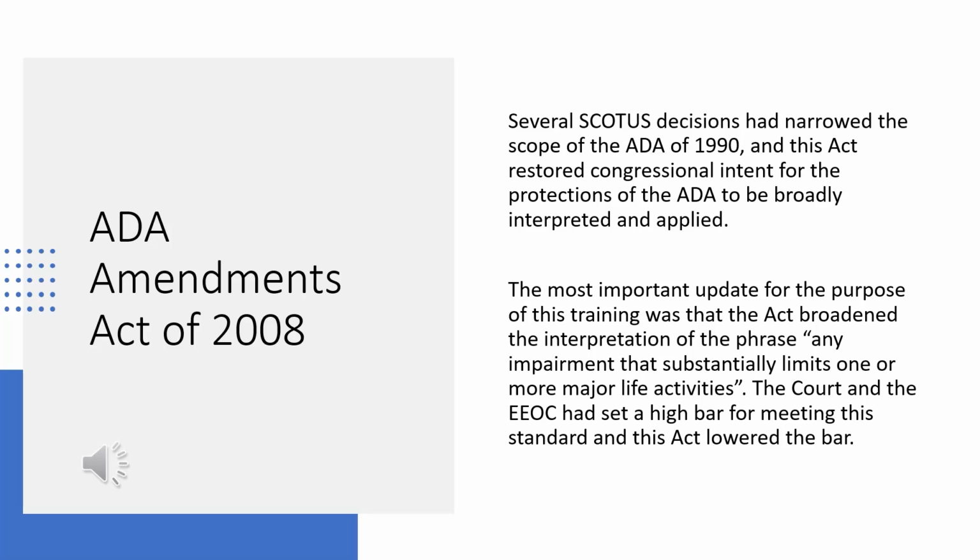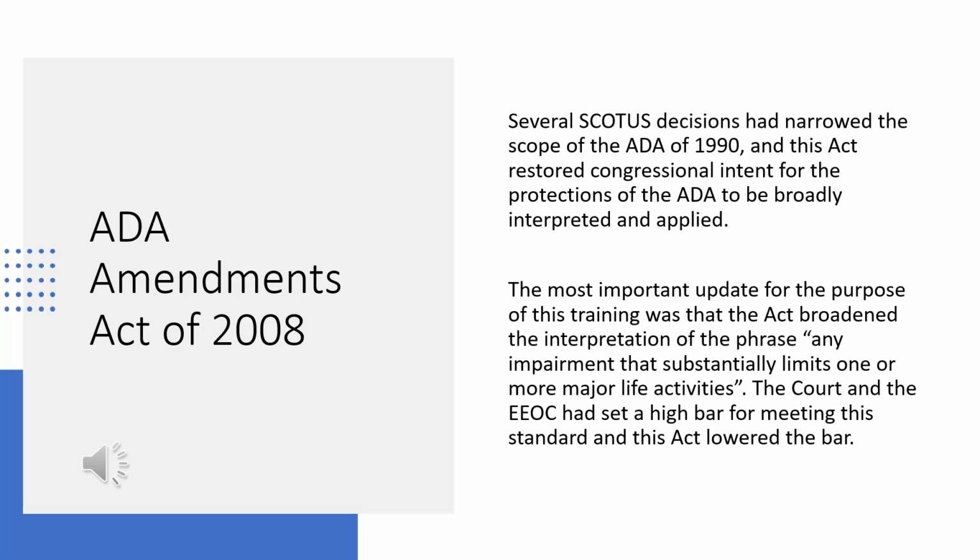The most important update for the purpose of today's training is that the Act broadened the interpretation of the phrase any impairment that substantially limits one or more major life activities. The Supreme Court and the federal EEOC had set a high bar for meeting this standard, and this Act lowered the bar.